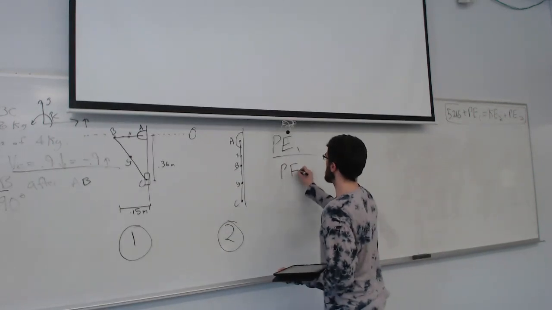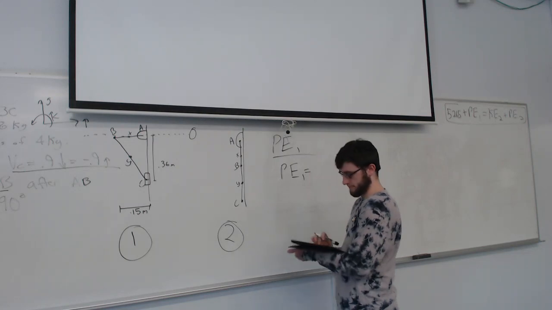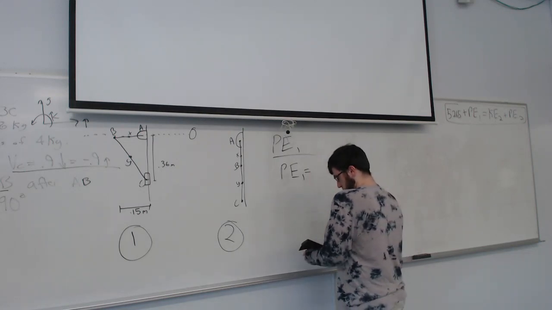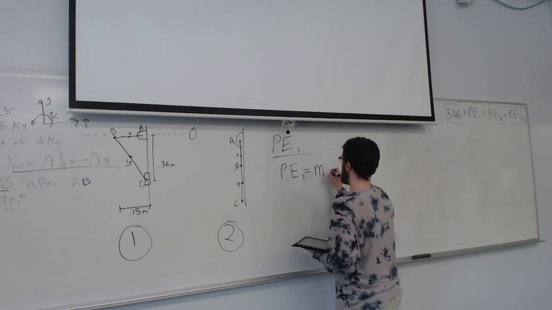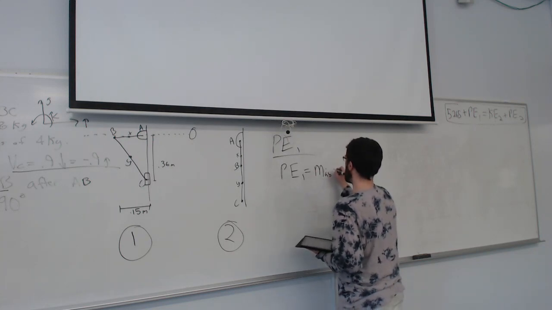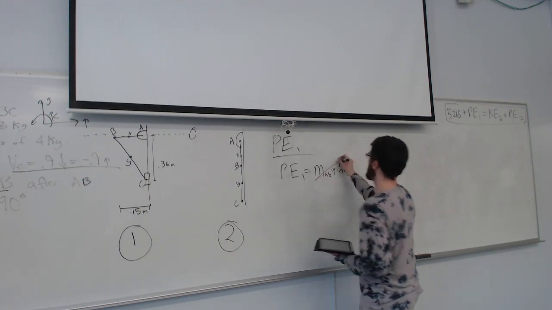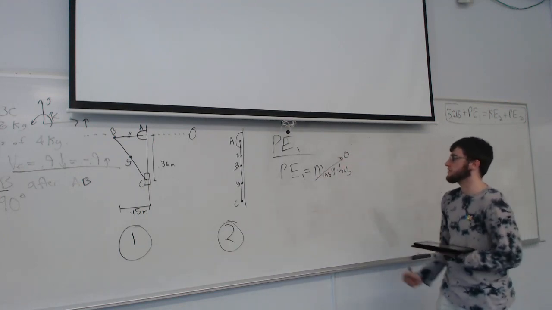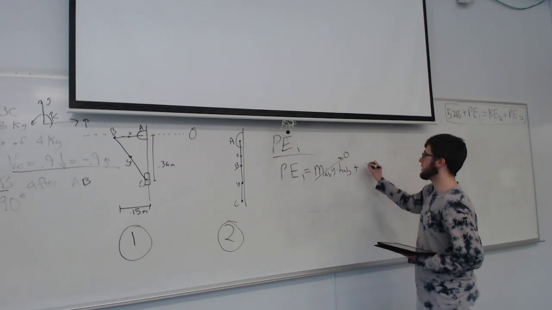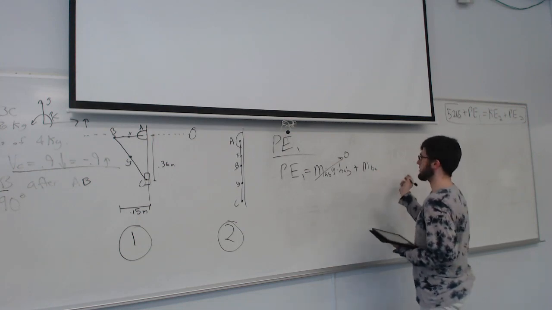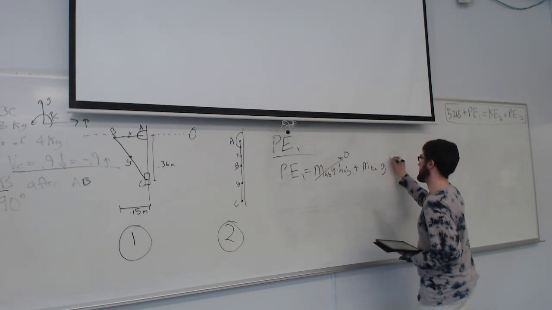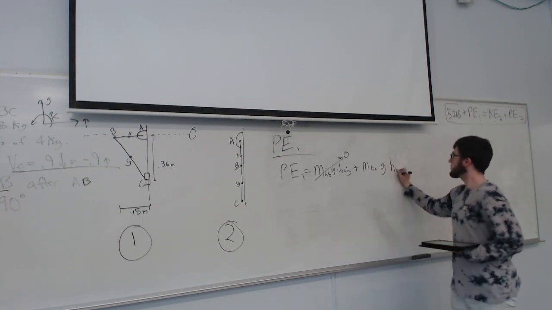So potential energy of 1 equals mass of AB times gravity times height AB, I just said that entire term was 0. And it's also equal to mass of BC times gravity times height BC.